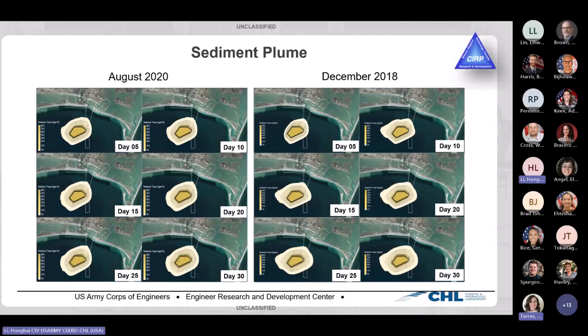So the advection here is relatively weak, and so the expansion I think is mostly caused by storm-driven diffusion maybe, right? So you see at the end of the month, all the plume is basically within a 800-meter range. Yeah, it didn't go beyond that.